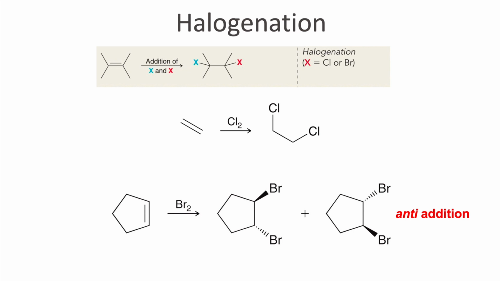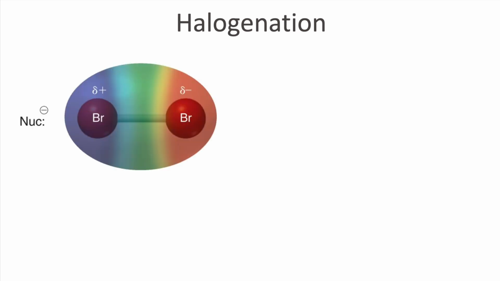First, let's take a look at our reagent, the molecular halogen, and we'll take bromine for our example. Molecular bromine is a covalent bond, so you would think that it is a nonpolar bond, but it turns out because it is such a large atom and has lots of electrons, it is quite polarizable, meaning you can induce a temporary dipole.